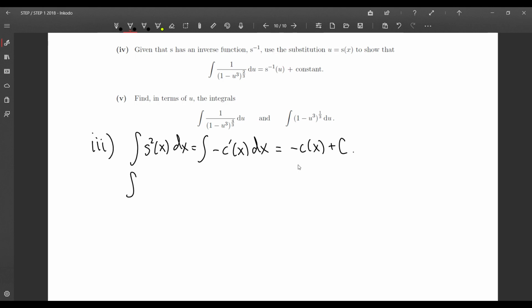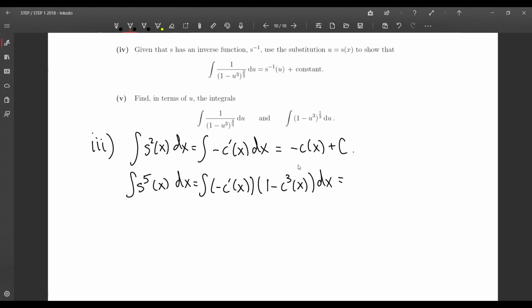And then for s to the fifth of x dx, we can split off an s squared, which is going to give us that negative c prime, and then we have s cubed, which is 1 minus c cubed dx.